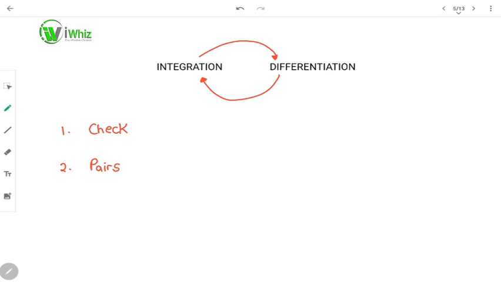Why do we say that that makes it easy? That's because if I struggle with differentiation, if I perfect integration, I'll be able to work backwards to find the derivatives. If I learn derivatives and differentiation and perfect that, I can work with that to find integration.